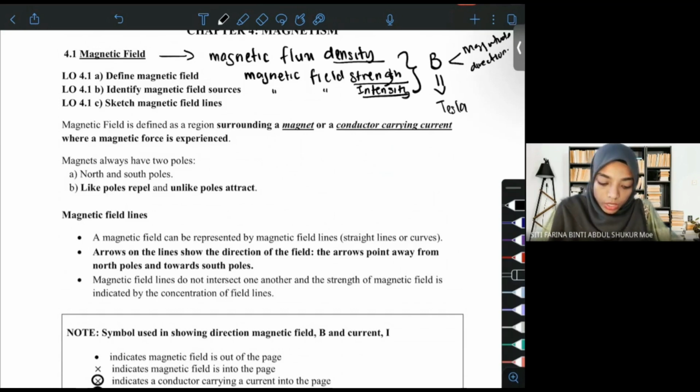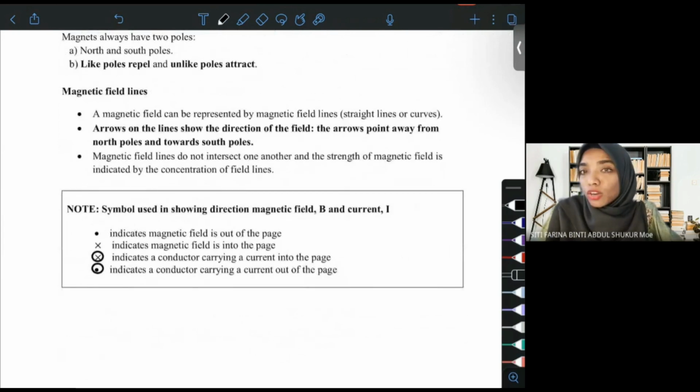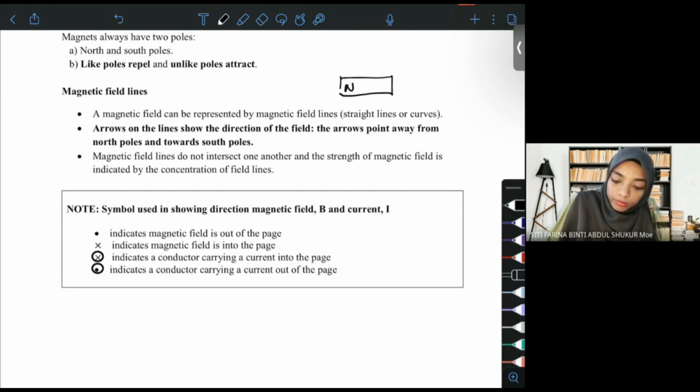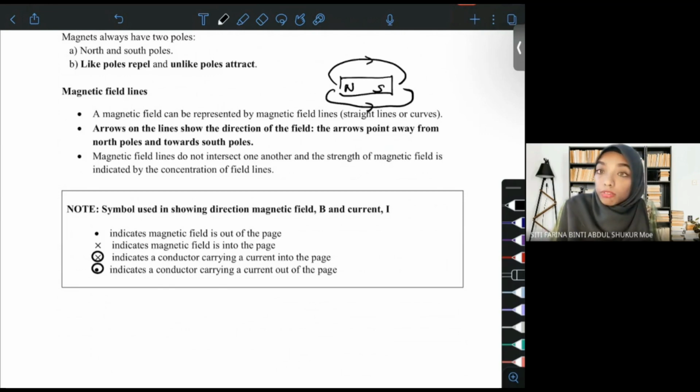Okay, so now we are going to look at the characteristic of the magnetic field lines. Magnetic field can be represented by the magnetic field lines, straight line or curved line. Okay, so if you were to have magnet here, the magnetic field surrounding this magnet can be represented by field line or curve. It could be a straight line or curve.